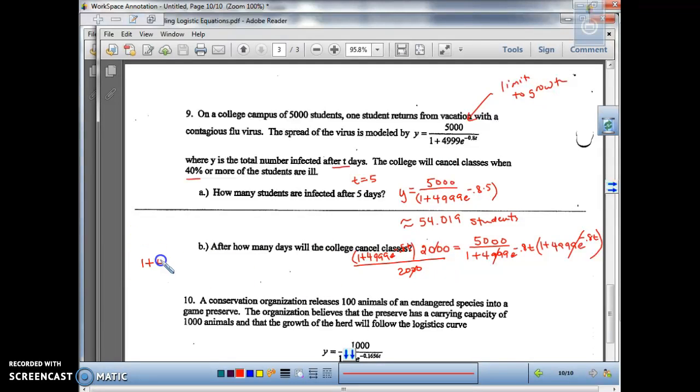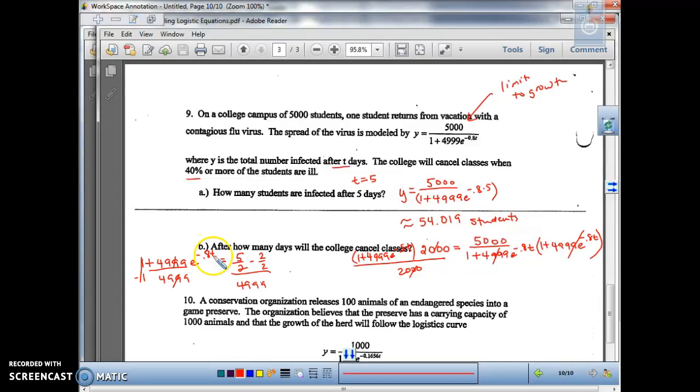I have 1 plus 4,999 e to the negative 0.8 t is equal to 5,000 over 2,000, or 5 halves. I'm going to subtract this 1, so subtract 2 halves, and then I'm going to divide by 4,999.